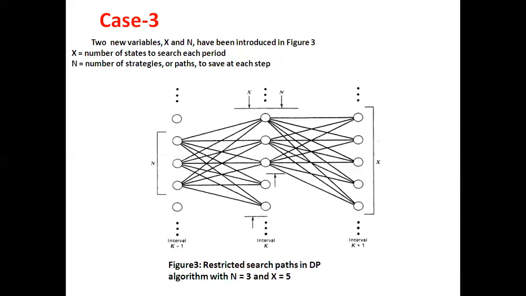That 5 is x, the number of states to search in each period. Another is the interval k plus 1. So from interval k minus 1, 1, 2, 3, 4, 5 is the total number of feasible conditions, or the number of states to search each period, equal to 5. Among those, 1, 2, 3 is the number of strategies or paths to be saved at each state.